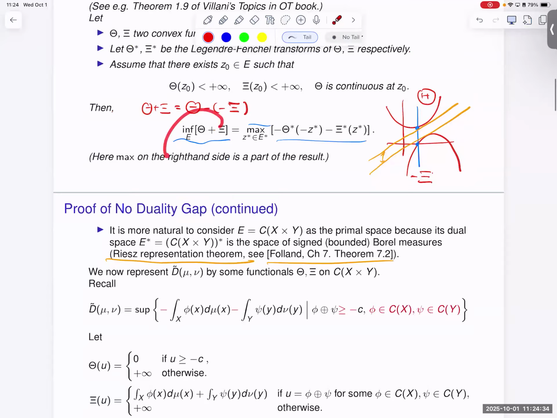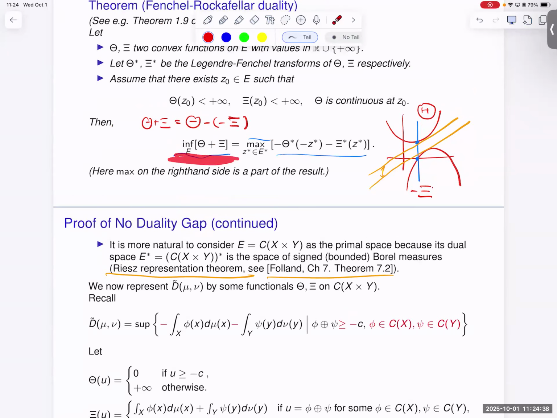But in this Fenchel-Rockafellar duality, the problem on the left, also the problem on the right, do not have constraints by themselves, right?